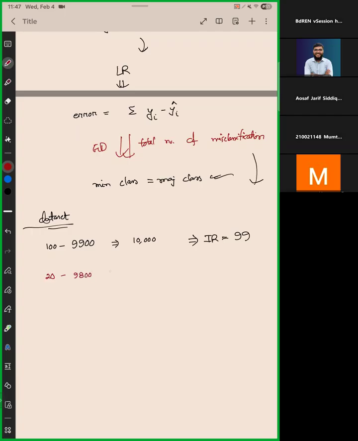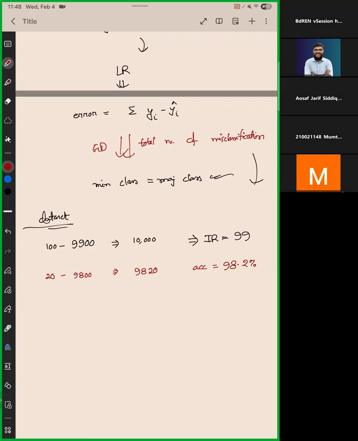So in total 9,820 are correctly classified, and the accuracy is going to be 98.2%. Is it okay?